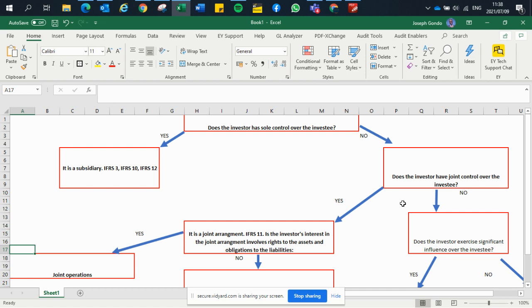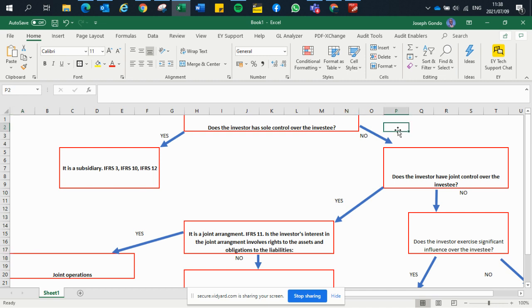So we said the first question you ask yourself: does the investor have sole control over the investee? If the answer is yes, then we have a subsidiary. We combine the entities using IFRS 3 and we make disclosure in terms of IFRS 12. We do the consolidation in terms of IFRS 10.